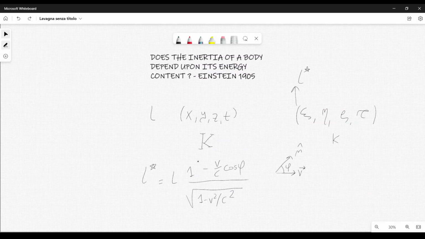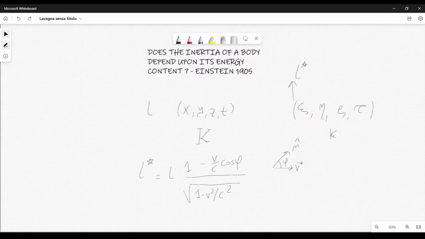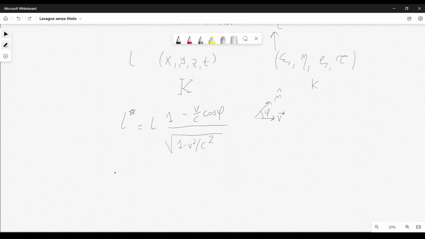Now we assume that there is a stationary body in the system XYZ, and we will call its energy capital E0. Whereas the same body, with respect to the moving frame, will have an energy equal to H0.